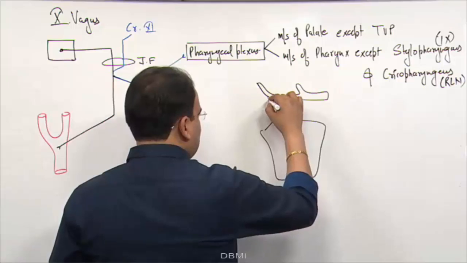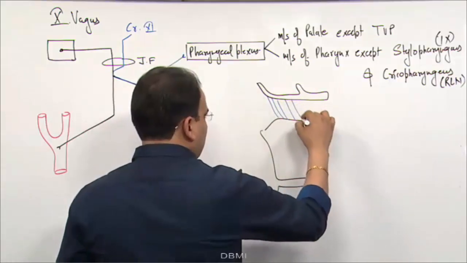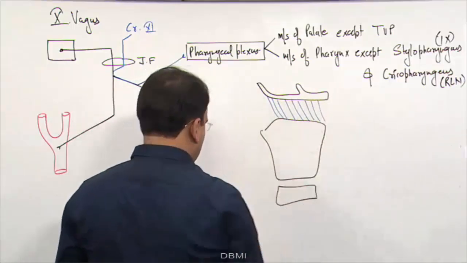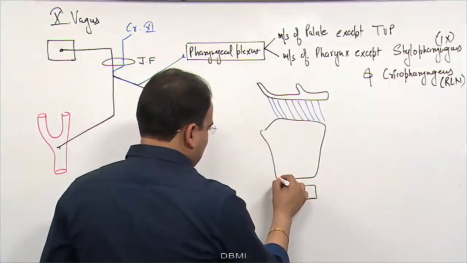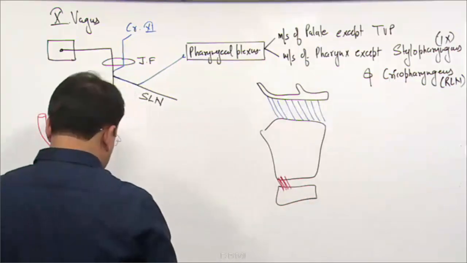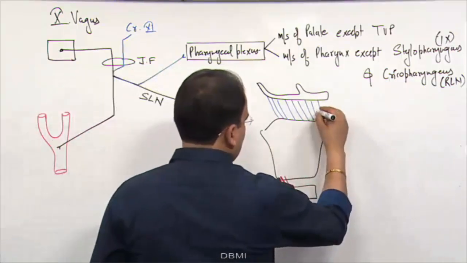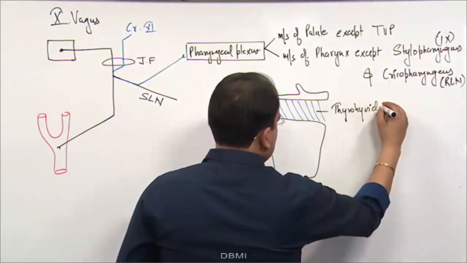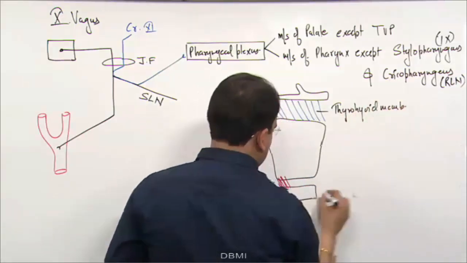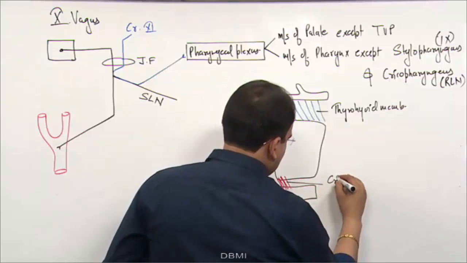The membrane which is present between them is the thyrohyoid membrane. And the only intrinsic muscle of the larynx present outside is the cricothyroid. This is the thyrohyoid membrane, and this muscle here is the cricothyroid.